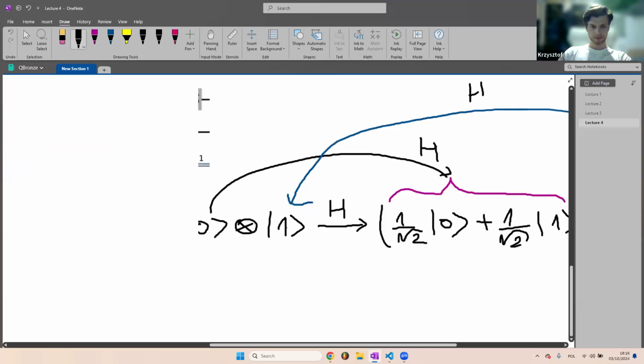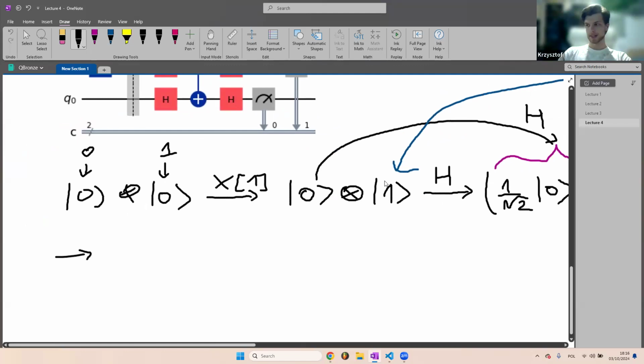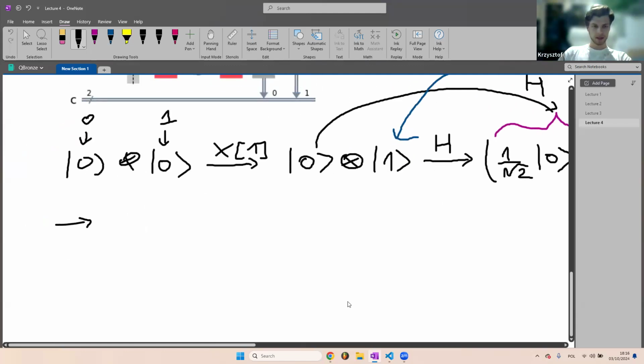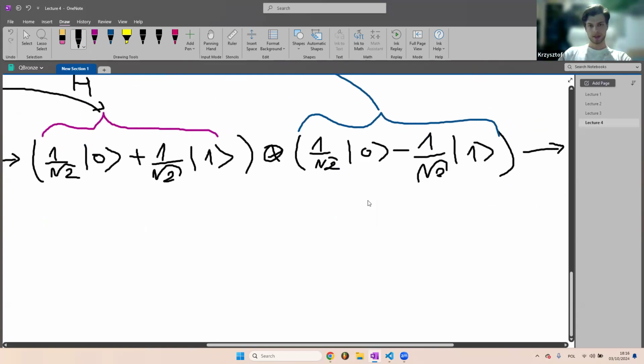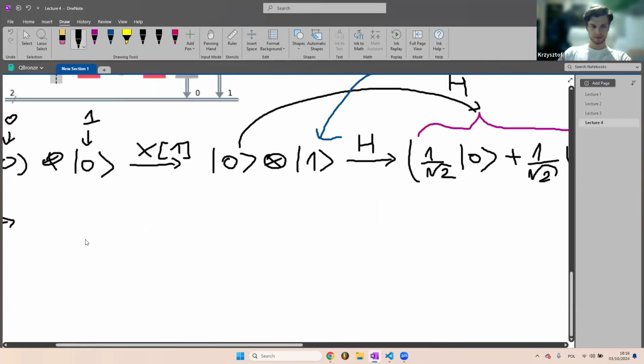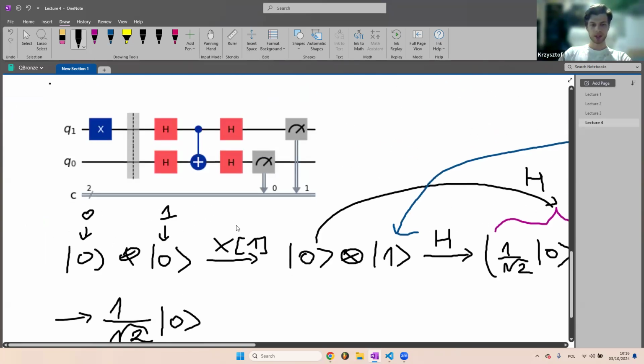Now let me rewrite this a little bit in such a form that we will split this tensor product into 2 different sums, because it will be easier for us to then apply a CNOT gate.